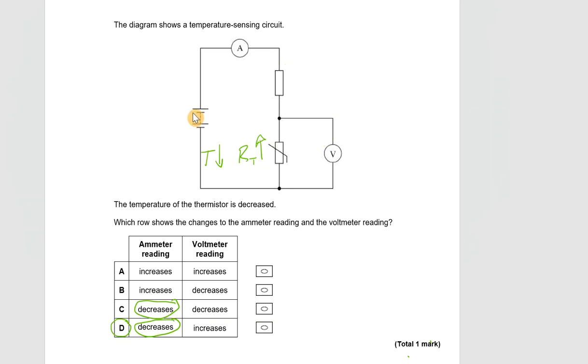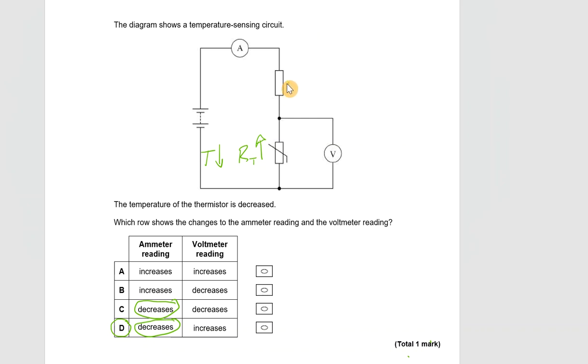The other thing we now need to work out is what's going to happen to this potential difference. Well, the potential difference of the supply is going to be shared between these two resistors in the proportions of their resistances.